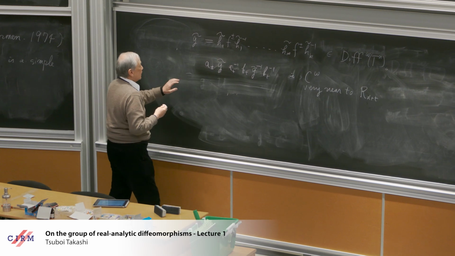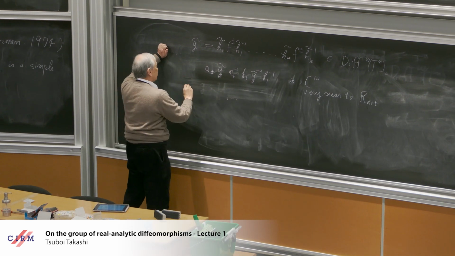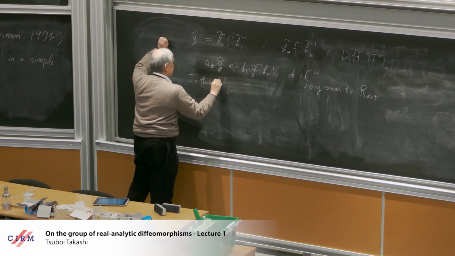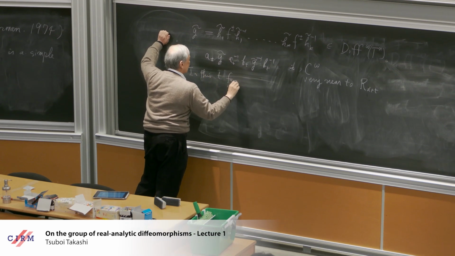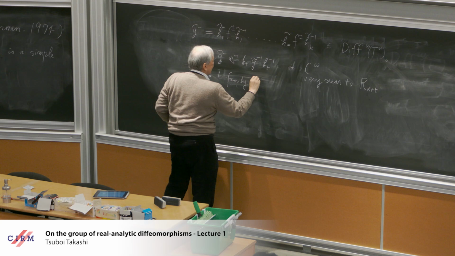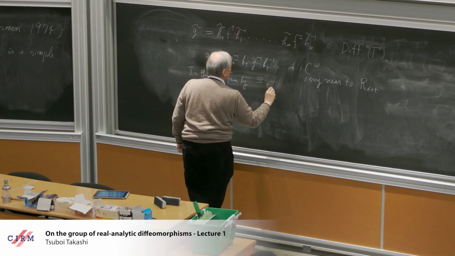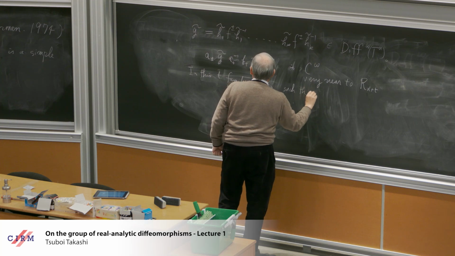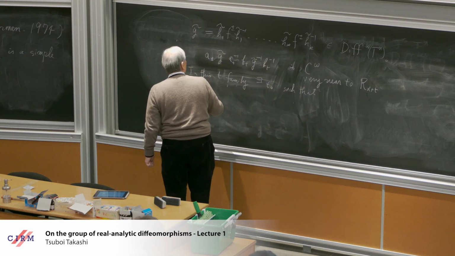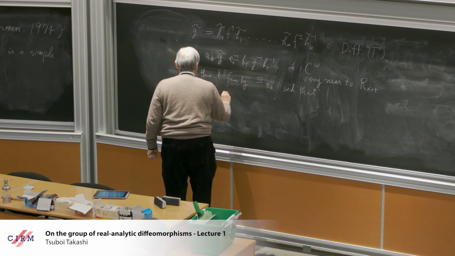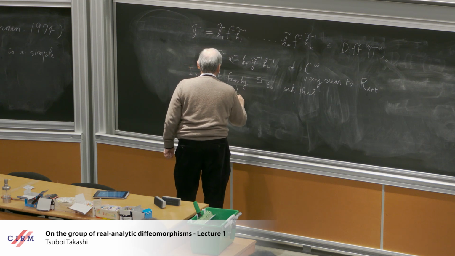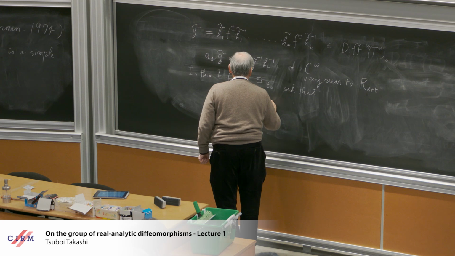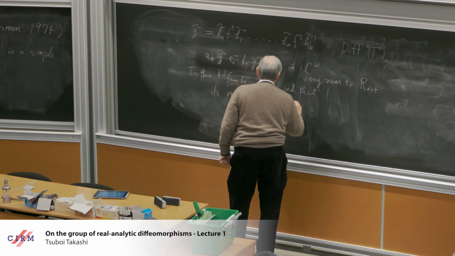So in this t family, there exists t0 such that its rotation number is equal to alpha.